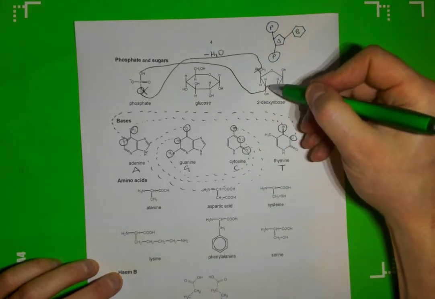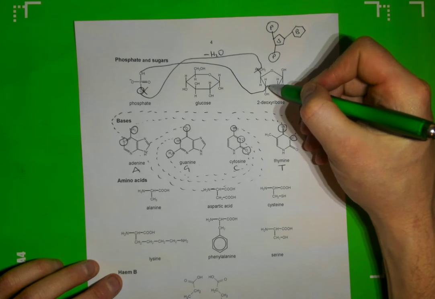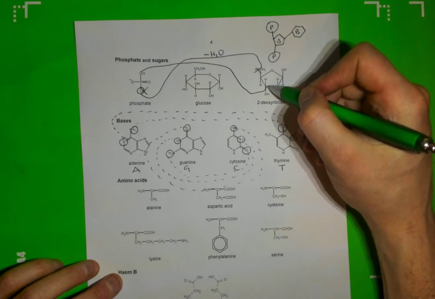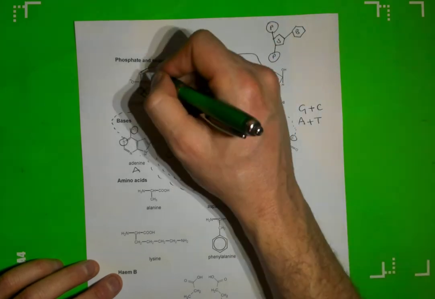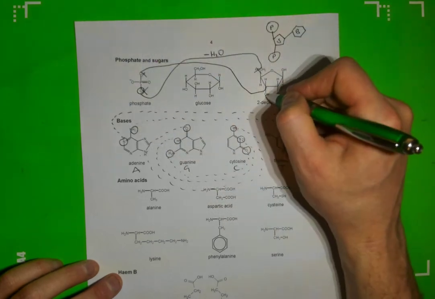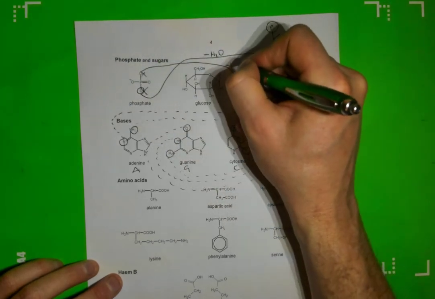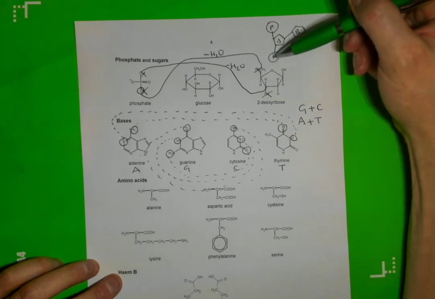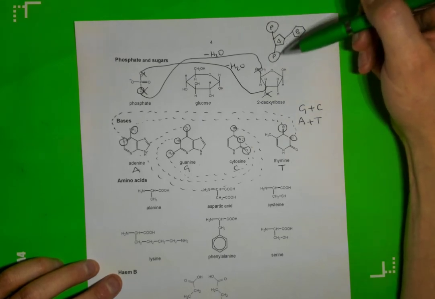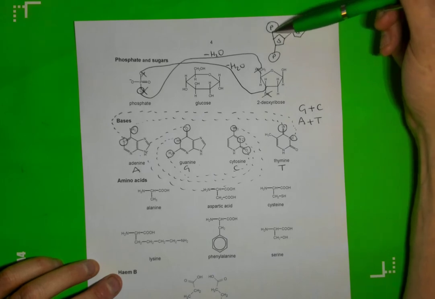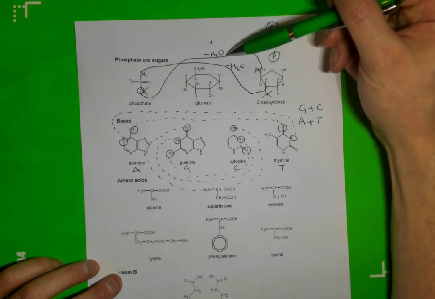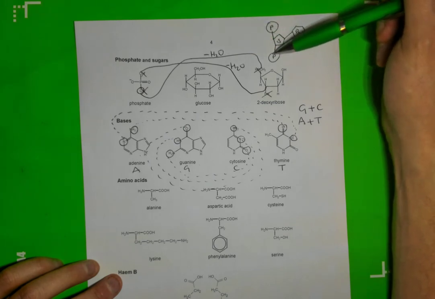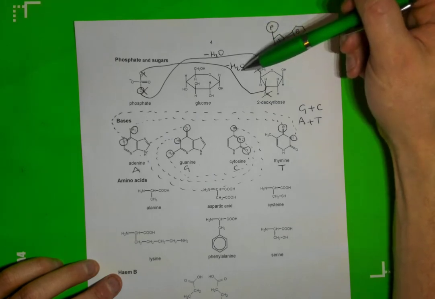Again, we must eliminate a molecule of water. So for every phosphate-sugar link you make, you eliminate a molecule of water. I've eliminated one molecule of water via this one, and another via that one there.